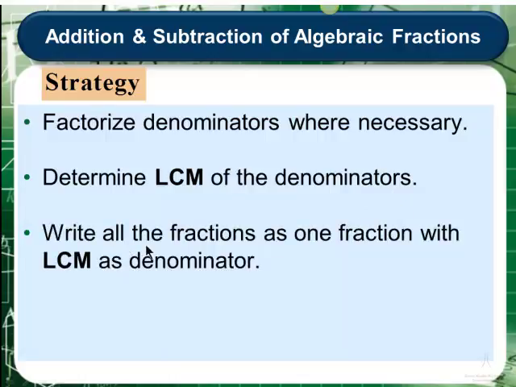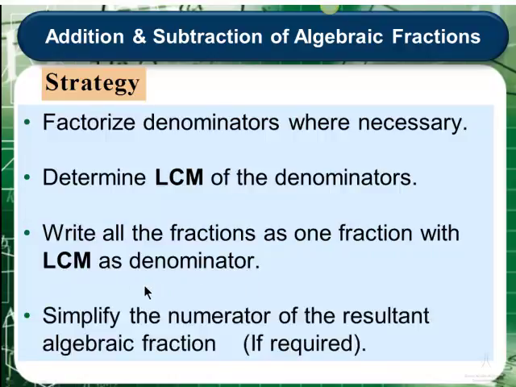Thirdly, we have to write all the fractions as one fraction with the lowest common multiple as each denominator. Finally, we simplify the numerator of the resultant algebraic fraction if it is required. On the next slide, we will demonstrate how to apply this particular strategy in practice.